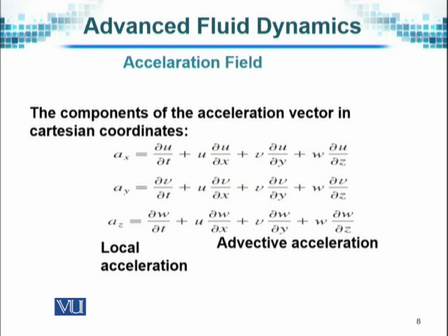Separately, if I want to write down the acceleration field, ax will be written as this, and ay and az as shown. The three components are known as advective acceleration, while these terms are known as local acceleration.